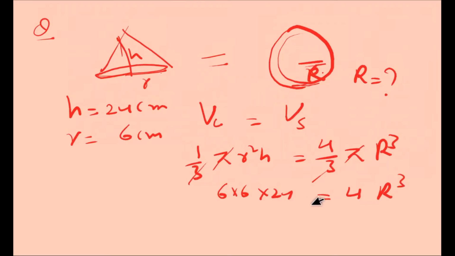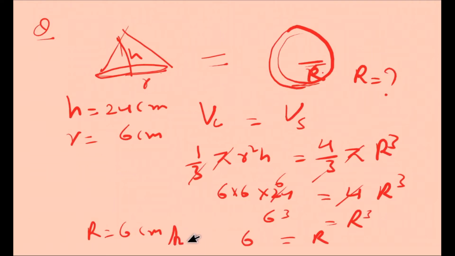So r cube equals 6 cube, therefore r equals 6. Since the units are in centimeter, r is equal to 6 centimeter, and that is your answer.